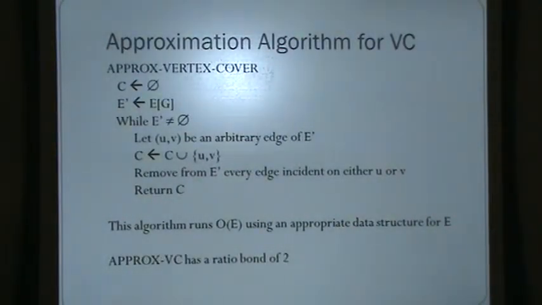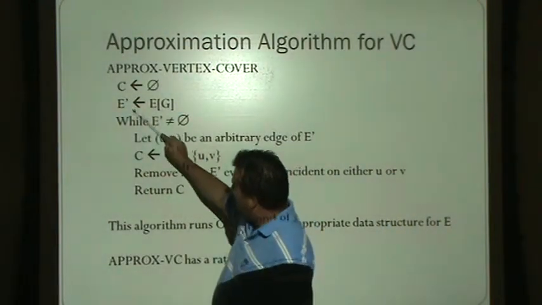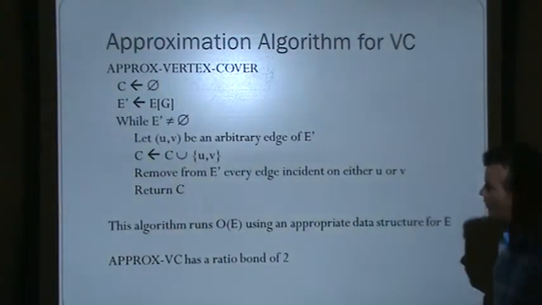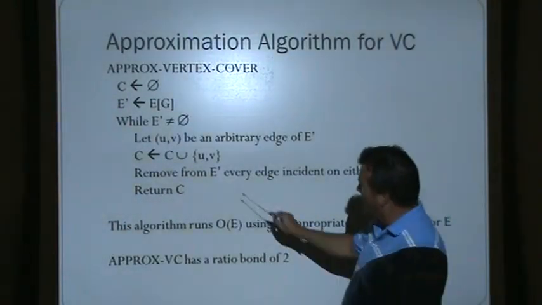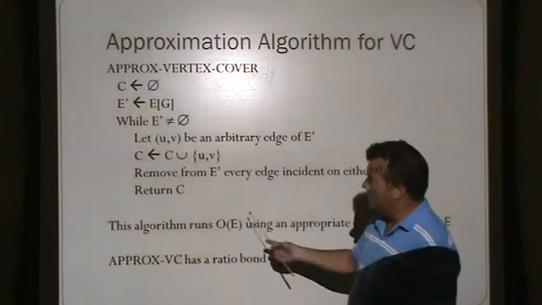So one example, let's see, this makes sense. We have a set C, which starts off as empty, and then we have a set called E prime, which takes all the edges of the original graph. While that set is not empty, pick out an arbitrary edge, and C is going to be like our answer set.